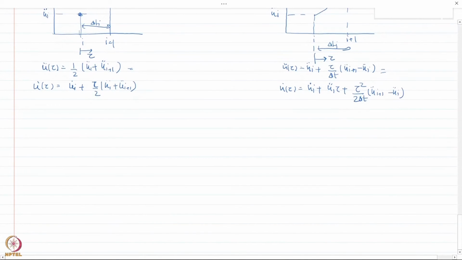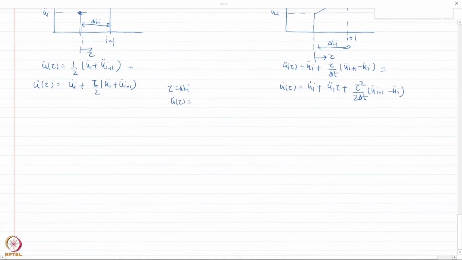Now when tau is equal to delta ti, u dot of tau goes to the next step, so it becomes ui plus 1. Substituting tau as delta ti, the velocity is equal to ui dot plus delta ti times this.